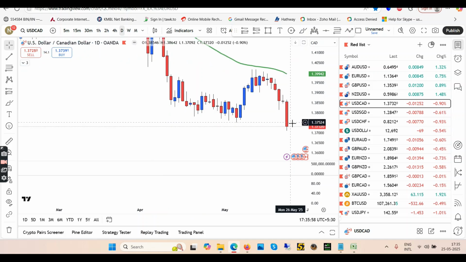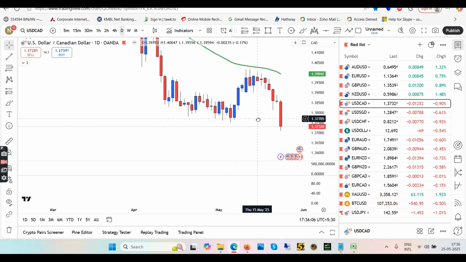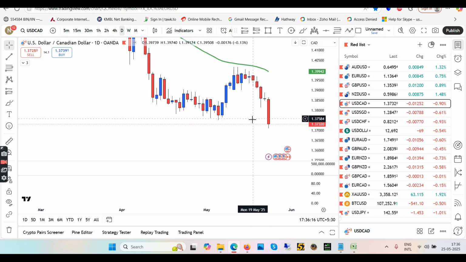What do we have in daily? We have good news, guys, good news. A new low is created. Wow, all the previous lows in daily are broken. This is the new low which we have, which means that it's time for the pullback in daily. So use your fib levels in the coming days. From here till here, we will take a pullback. After the pullback, we have the chance to go down further.